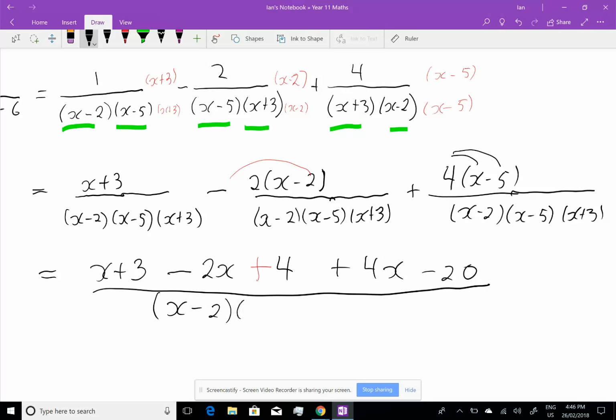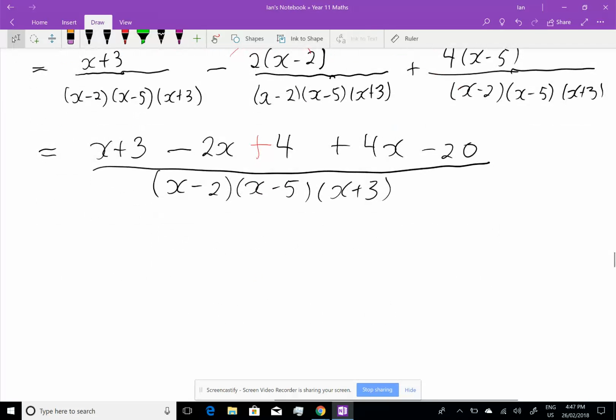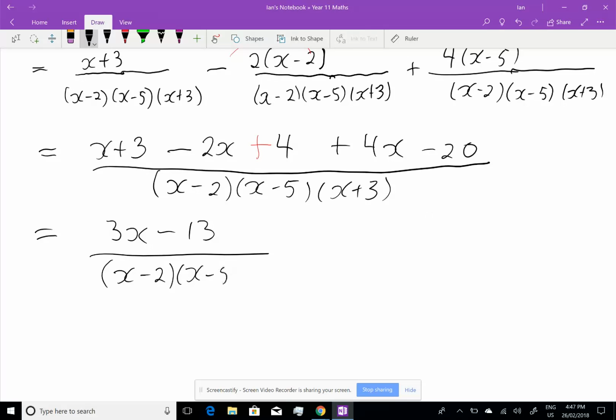X minus 2, x minus 5, x plus 3. I've got an x minus a 2x, it's minus 1x, plus a 4x gives me 3x. I've got a 3, a 4, and a minus 20, so 3 plus 4 is 7, minus 20 is minus 13, all over x minus 2, x minus 5, x plus 3.